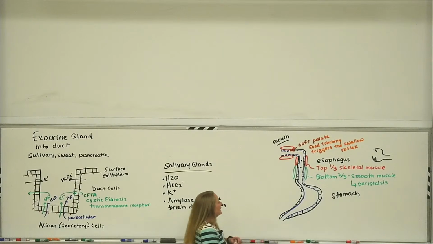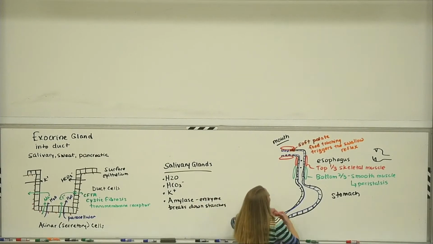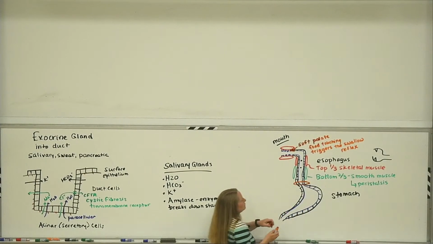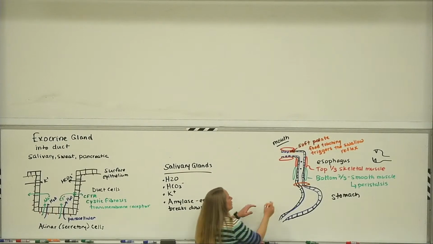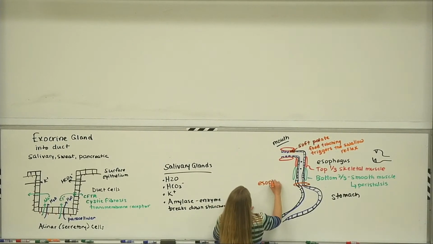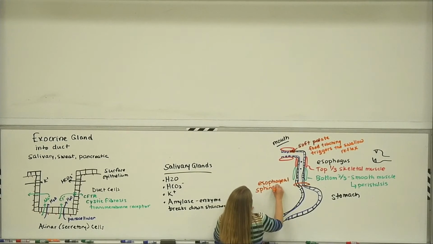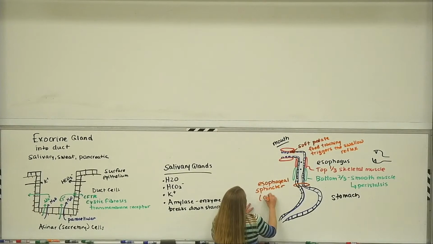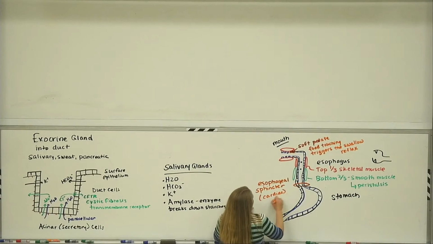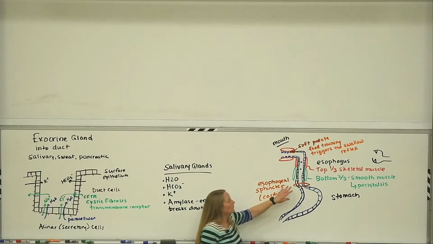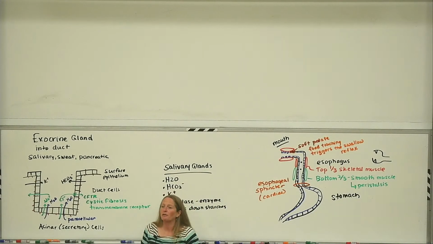But before we actually get into the stomach, we're going to have smooth muscle that runs around this junction between the esophagus and the stomach. And this is called the esophageal sphincter. You may have heard this previously as cardiac sphincter, and that's fine too. I like esophageal because it tells you where it's at. But this is the sphincter that is going to allow food to pass from the esophagus into the stomach, but prevent it from coming back up once it's there, hopefully.